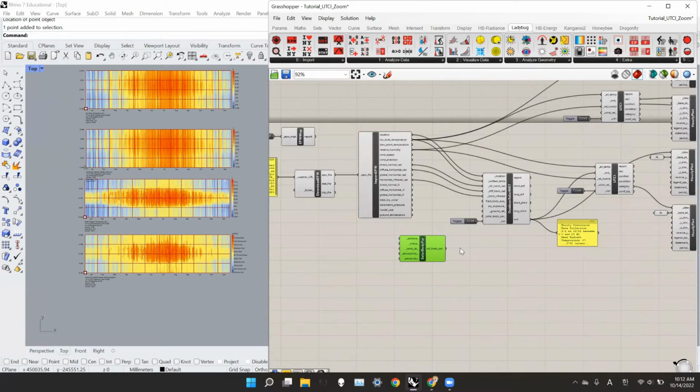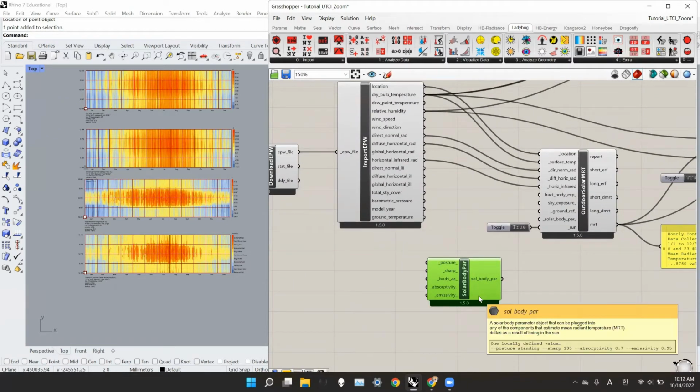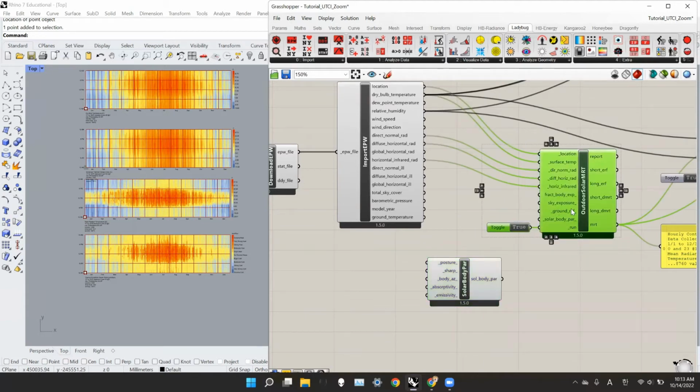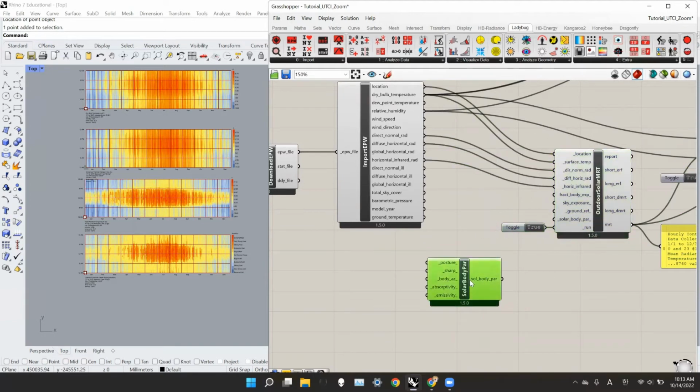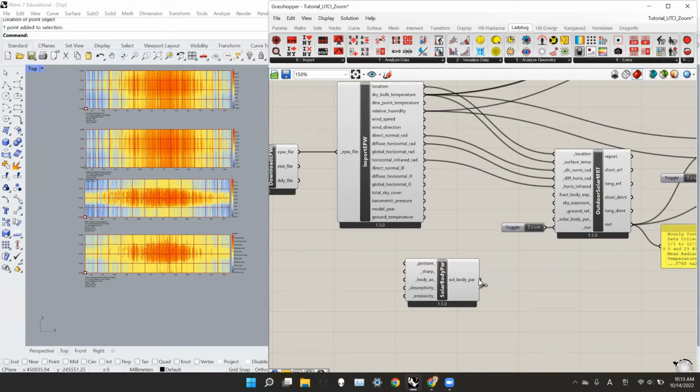So we will use this one as a sensor for the mean radiant temperature analysis. And here we can also find a solar body parameter. I guess it has some default value, but we can still make our own and then make the analysis more accurate.